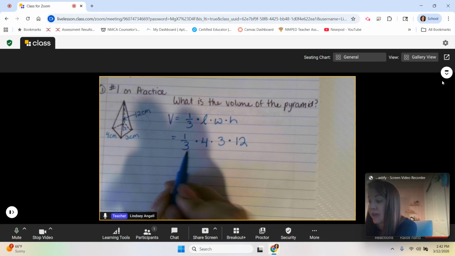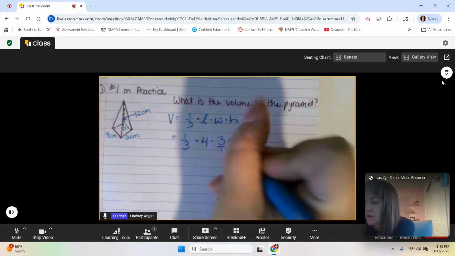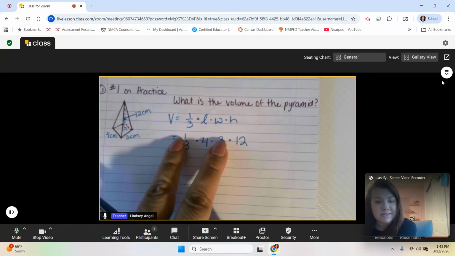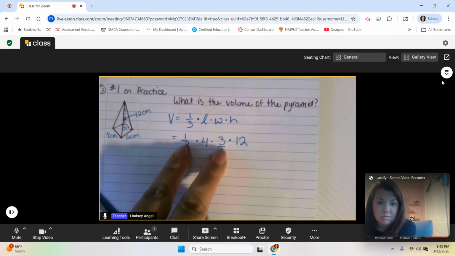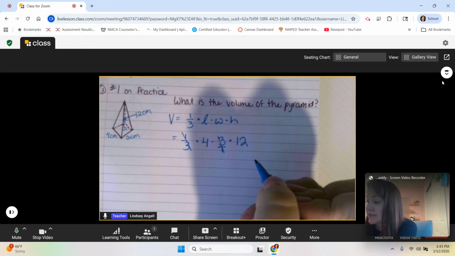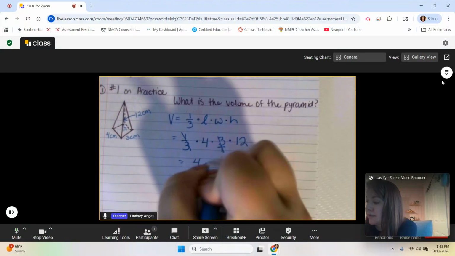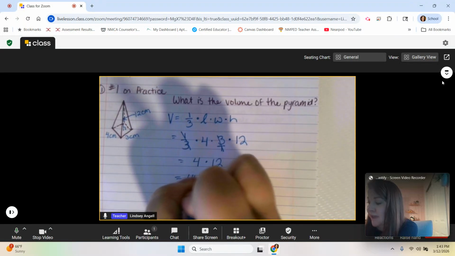So I could cancel those out, because I could put that over 1. Then notice I have 1 times 3, which is 3 in my numerator, and 3 times 1 in my denominator. 3 over 3 reduces to 1. So we're just left with 4 times 12, which is 48.